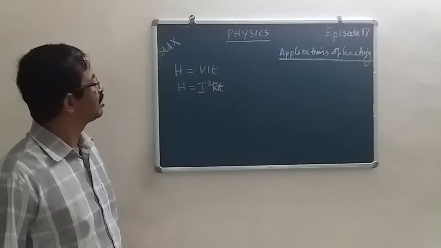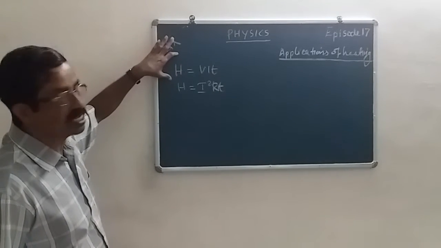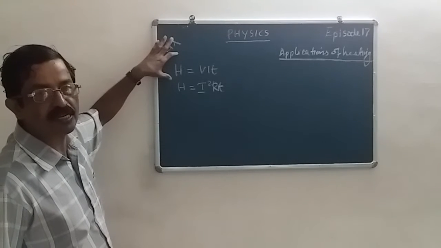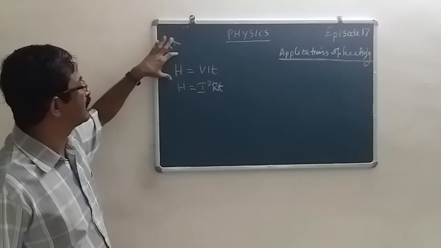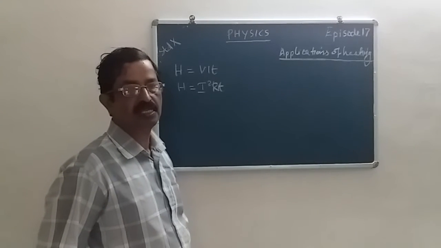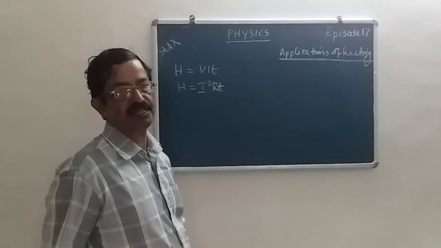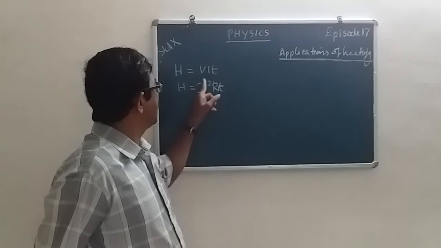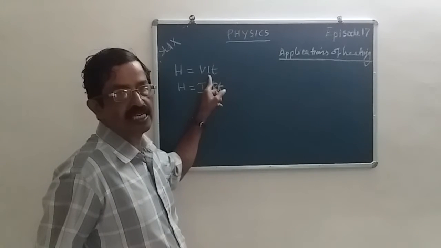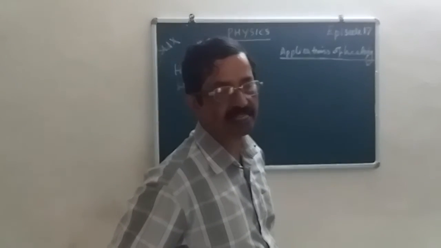Here H is the amount of heat produced due to the passage of electric current, V is the potential difference that maintains the flow of current, I is the rate of flow of current, and T is the time taken in seconds.